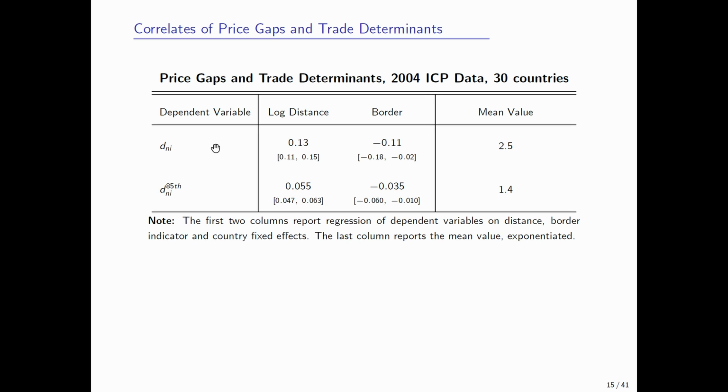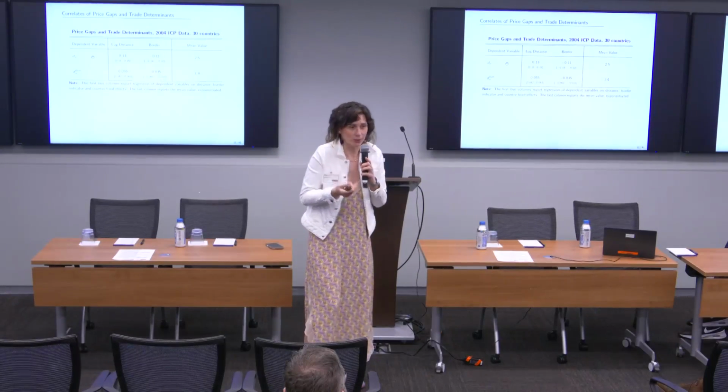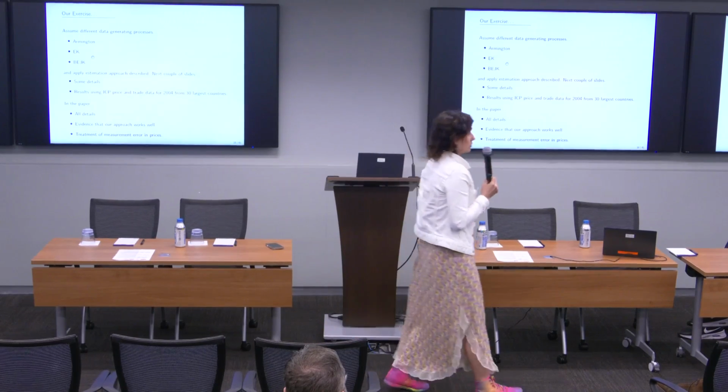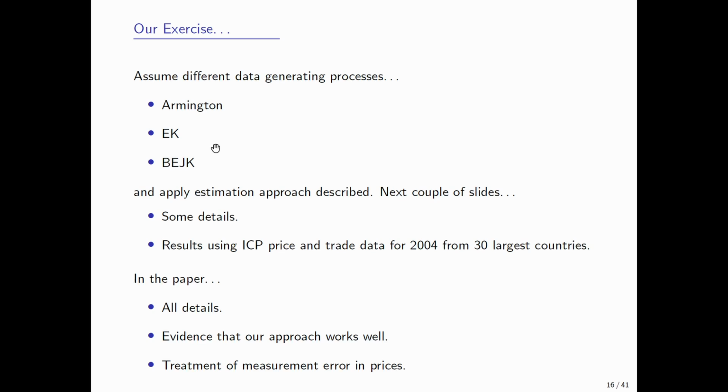So that is to say that this statistic, which is basically a log price difference, is actually correlating with things that we think trade barriers should be reflecting, such as distance and border, pretty well. So it's not an absurd moment to look at, is sort of what I'm trying to get at, okay? So now let's go and try to implement this thing, 12 minutes, okay.